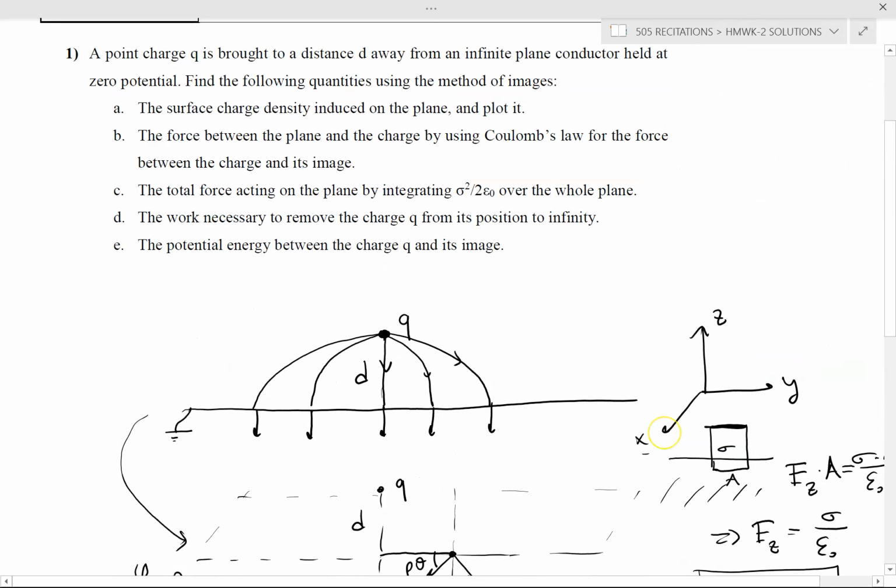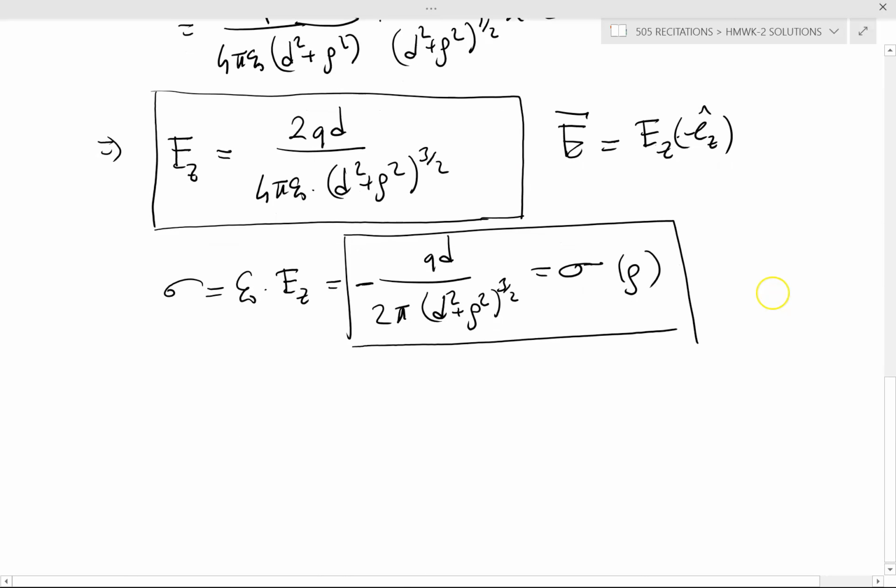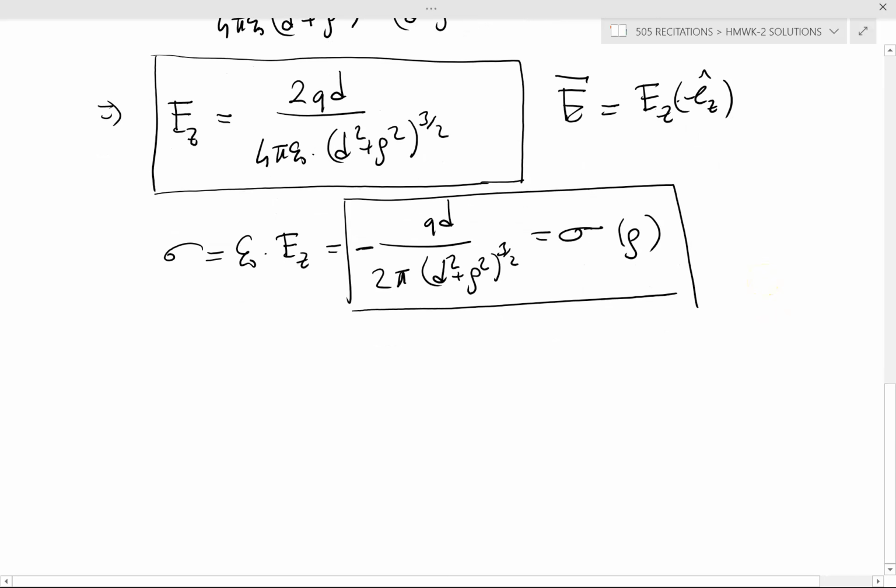Okay, what about the sketch now? What does it look like as a function of rho? Once rho is equal to 0, in fact, let me rewrite it as follows, because the charge is negative here.